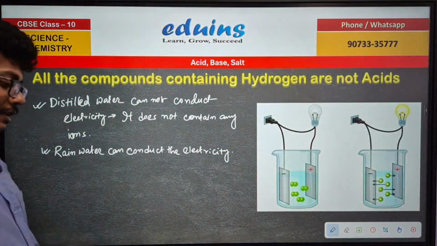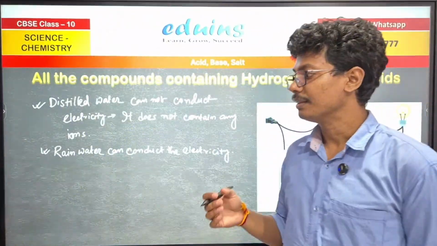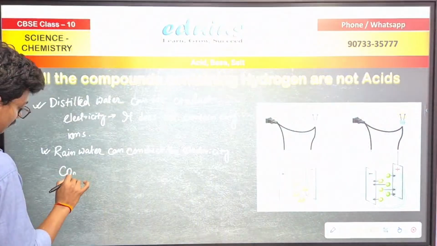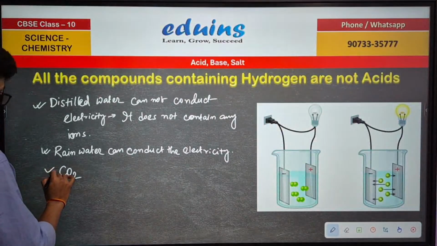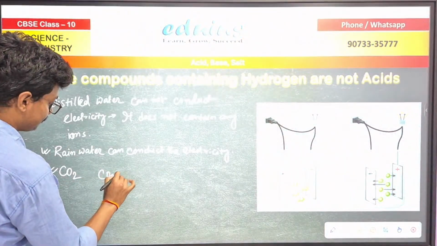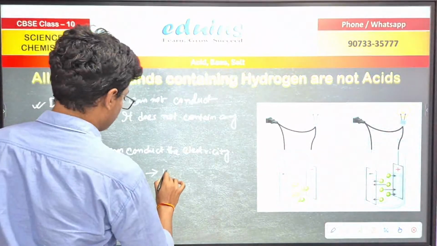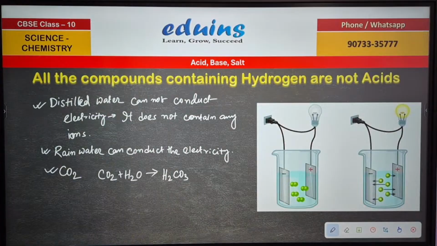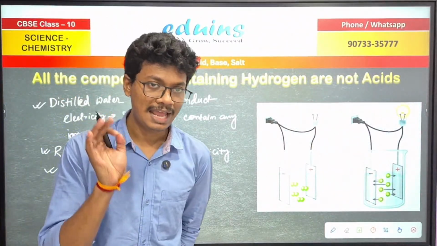Why? Because we know the rainwater has some acidic properties. Okay, the pH is slightly acidic. Why? Because we know the carbon dioxide, that is CO2, is present in our atmosphere. So when the carbon dioxide reacts with the rainwater, it will form carbonic acid, and that is why the rainwater is slightly acidic.